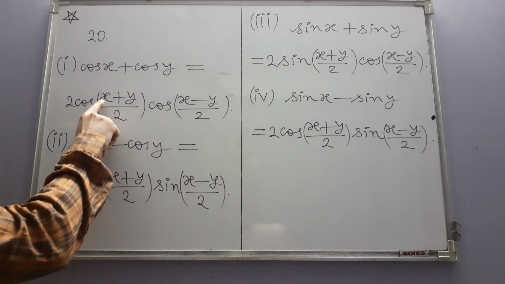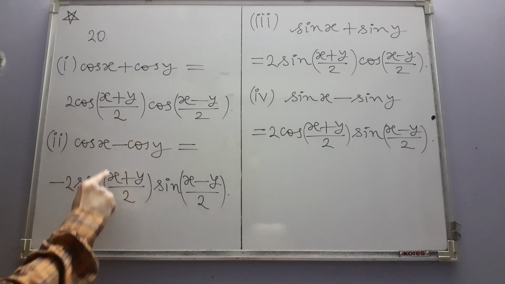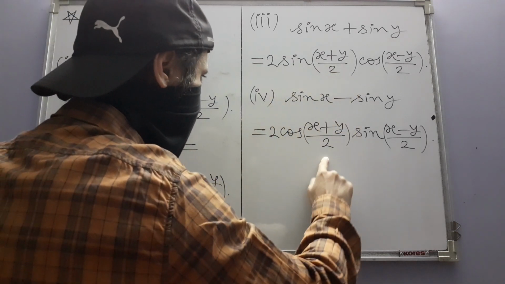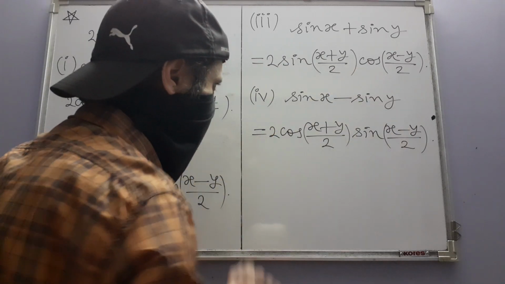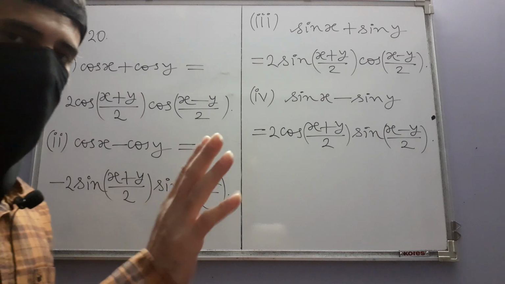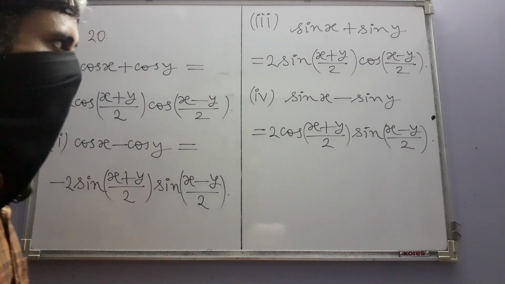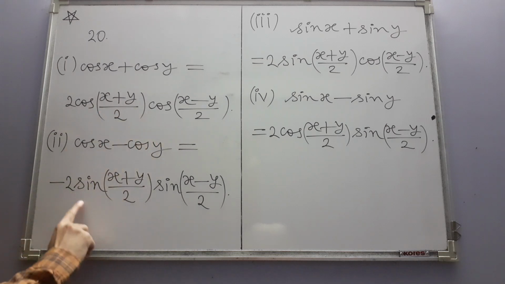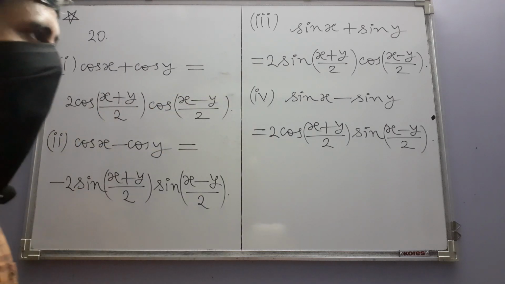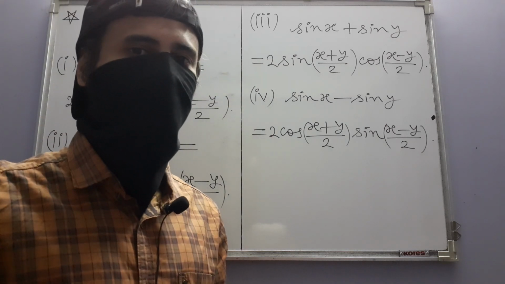All of them have x plus y over 2, and all of them have x minus y over 2 as well. So these parts do not change. What change though are the functions themselves, cos and sine. So we just need to see in what pattern they are appearing.